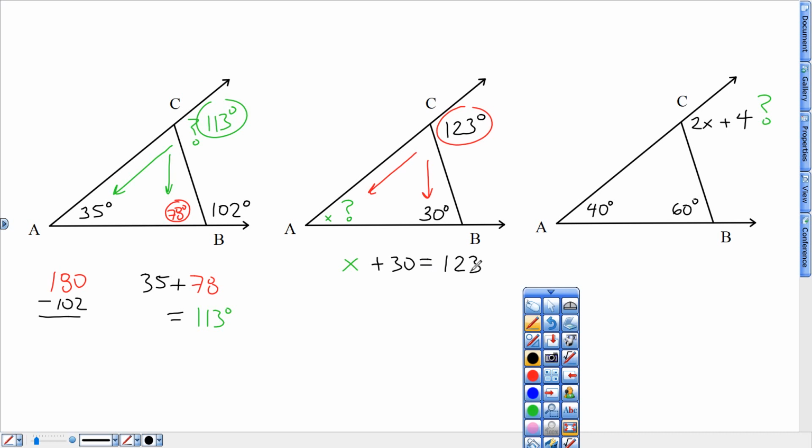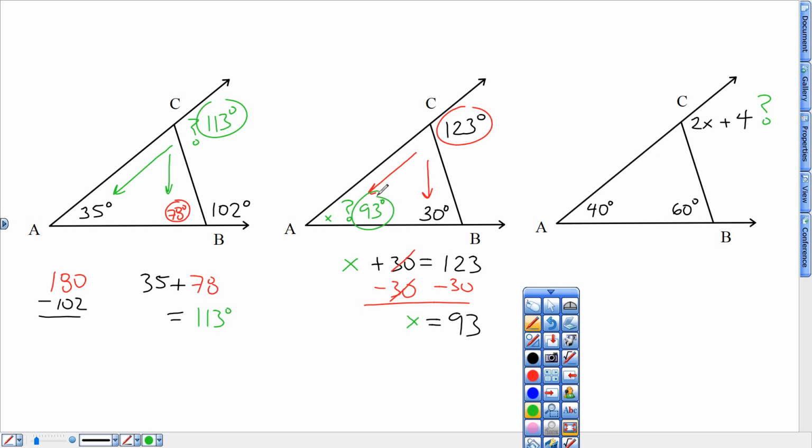I'm taking away that 30 from 123 because I need two angles opposite of that to add up to be 123. So the only number out there on planet Earth to add to that 30 to get 123 is 93 degrees. So that angle right there is 93 degrees because 123 is made up of 93 plus 30.